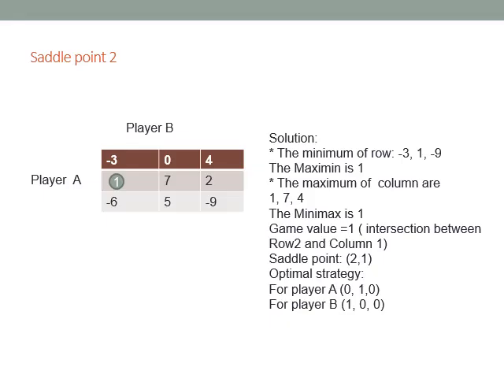The others will remain equal 0. That's why for player B, the strategy is 1, 0, 0. Again, 1 here means an optimal strategy, not the strategy number 1. That means he has a strategy. No strategy means equal 0.